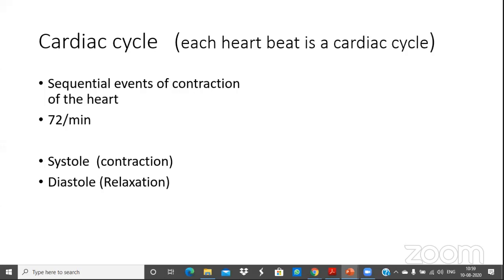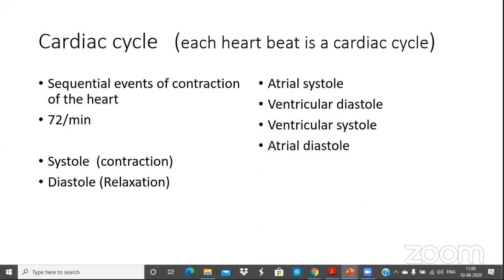Now I introduce two words to you: one is systole, another one is diastole. Systole means contraction, diastole means relaxation. Now, what are the four important events?